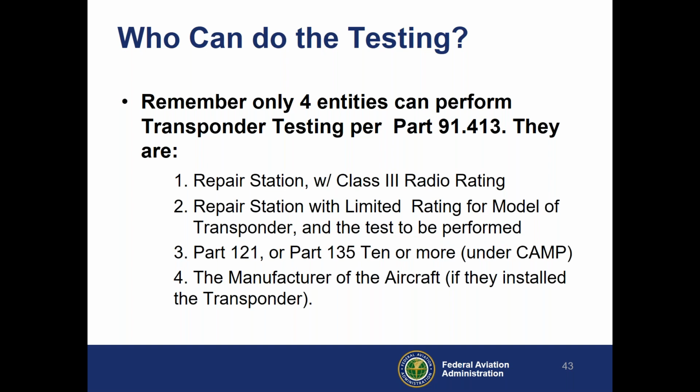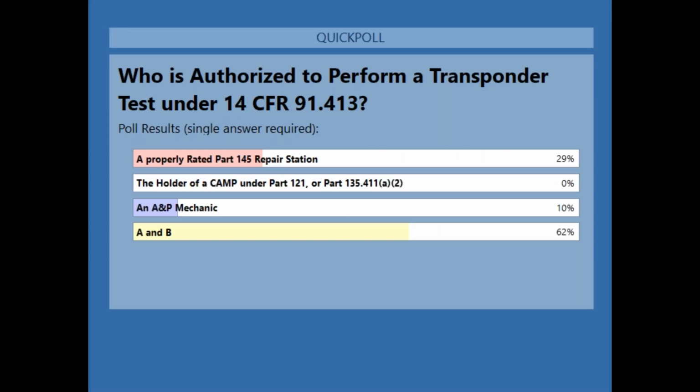So according to the regulation, there's only 4 entities that can perform a transponder test, and they are a repair station with a Class 3 radio rating, a repair station with a limited rating for the model of transponder and the test to be performed, a Part 121 or a Part 135 10 or more air carrier under their CAMP, and fourth, the manufacturer of the aircraft if they installed the transponder. So the correct answer is A and B, and we had 62% got the right answer, so very good.